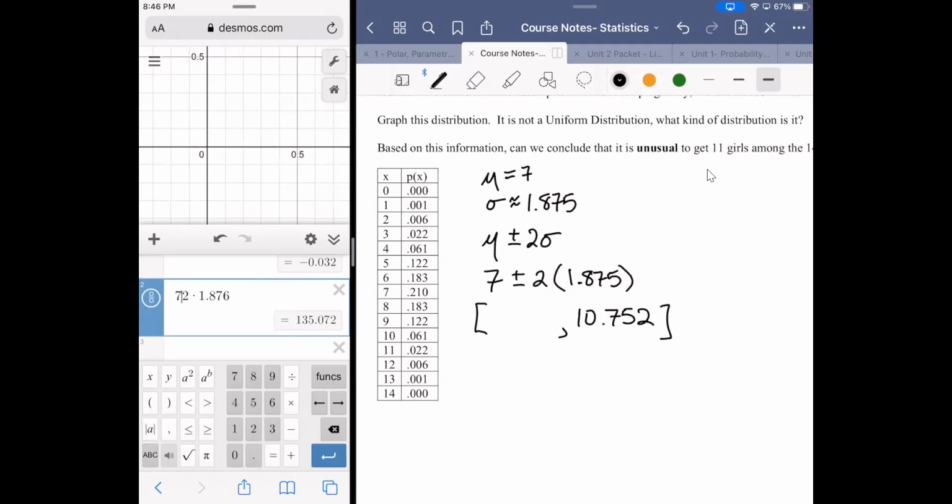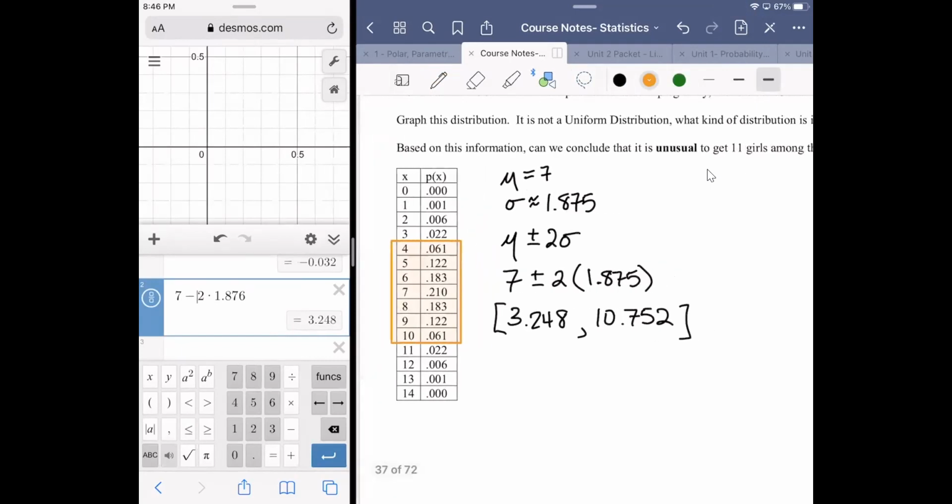Then on the low side, 3.248. So when you mark up the diagram, you're looking for any value that's bigger than 3.248, but smaller than 10.751. So that would be this set of values here.